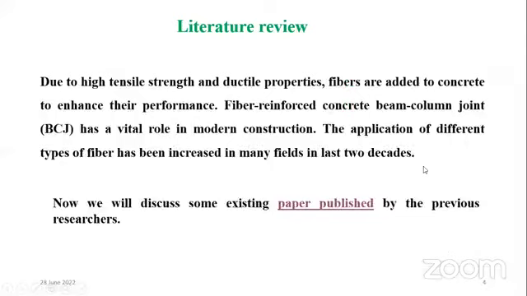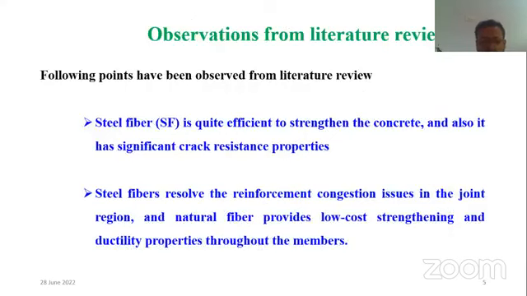Yes, sir. Okay. So now from the literature we have observed the following points that I am going to highlight. The steel fiber is quite efficient to strengthen the concrete, and also it is significantly crack resistant. Therefore, we can use the steel fiber. That is one part of the literature review.